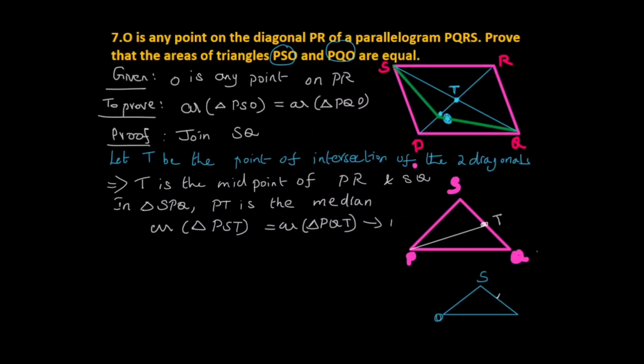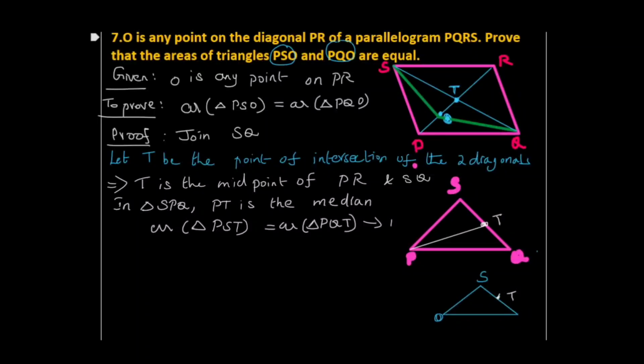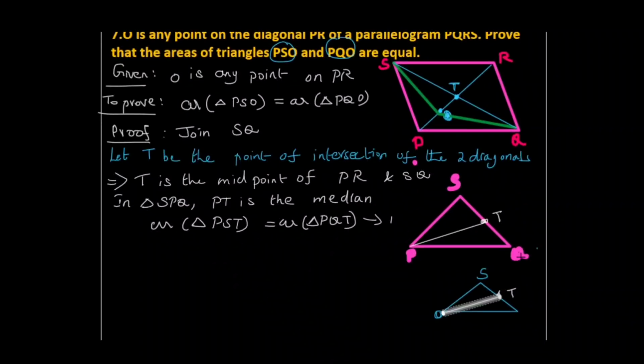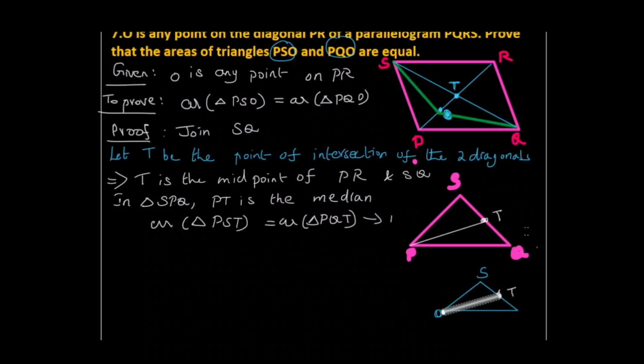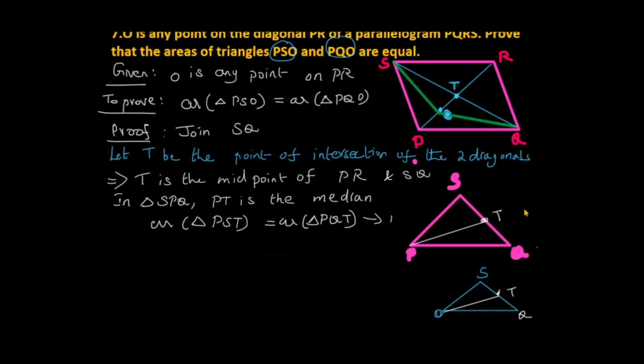So here we are having T. Let's join OT. Again we are getting a median. OT is the median of triangle OQS. So now in triangle OSQ, OT is the median.